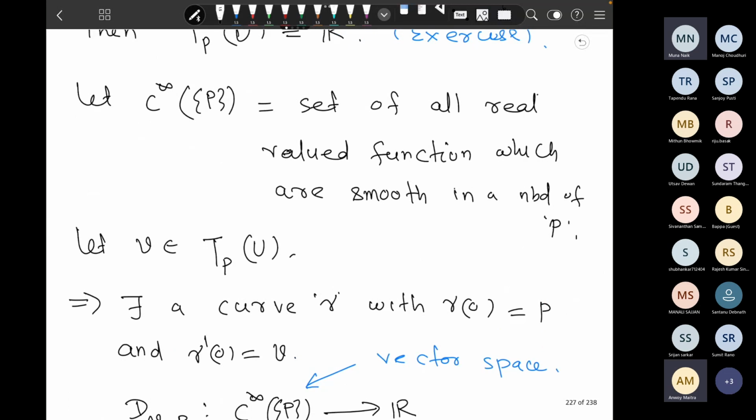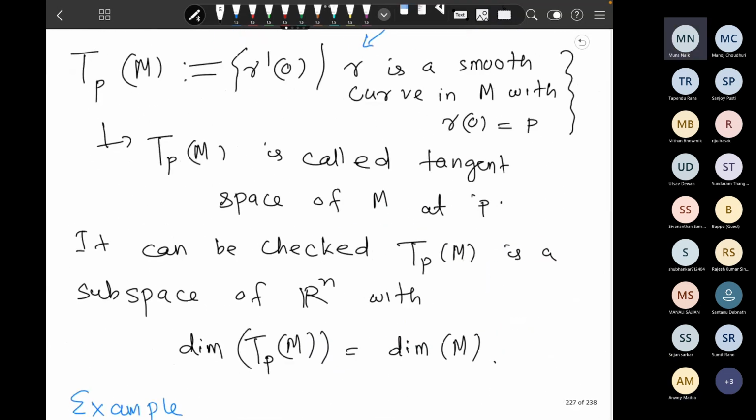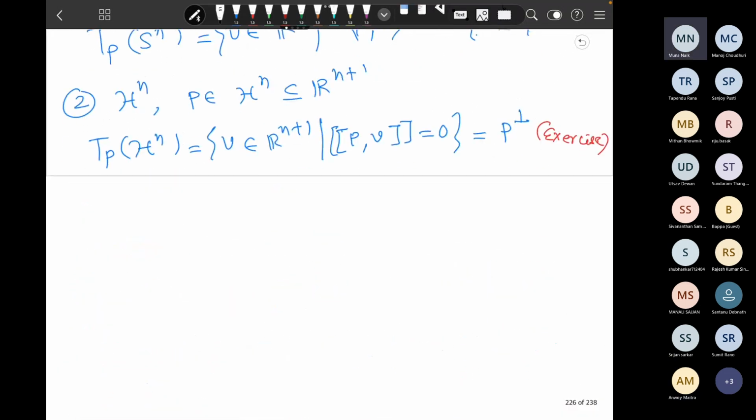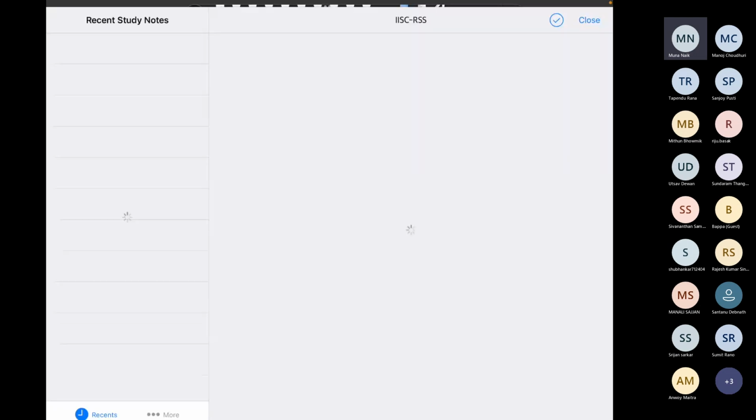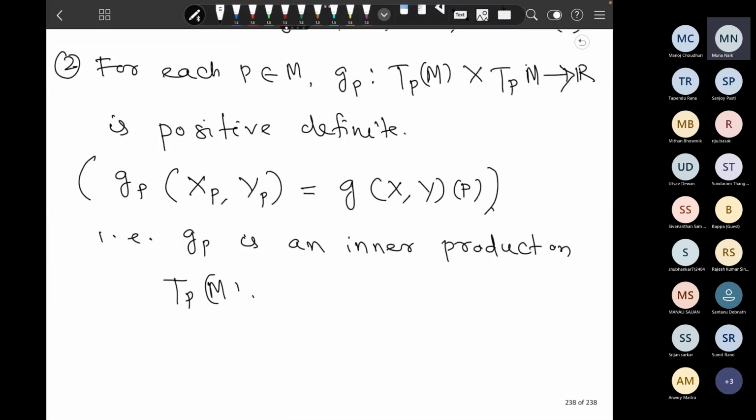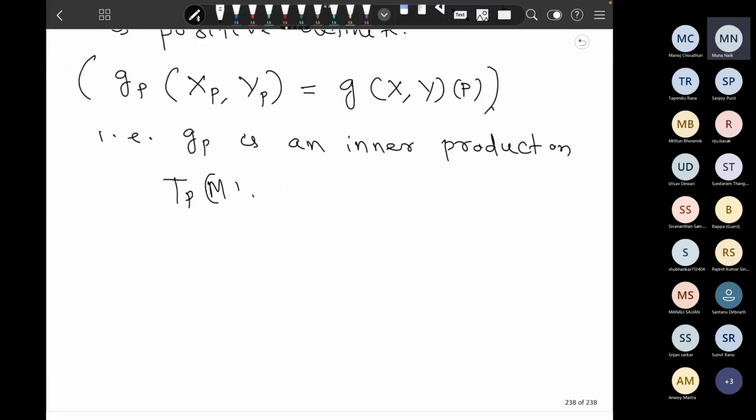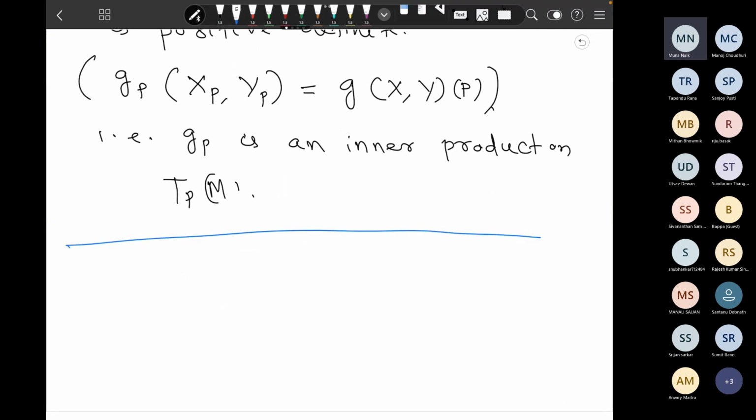Oh, okay. So actually, I have forgotten to write one thing. Let me write this. TPM is equal to the collection of Xp, where X is a vector field.